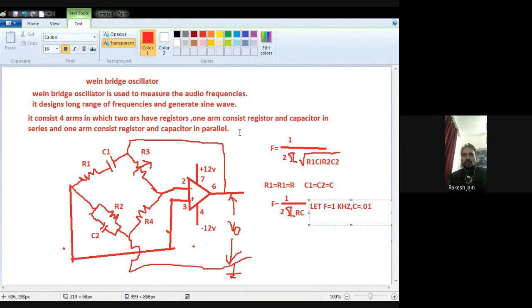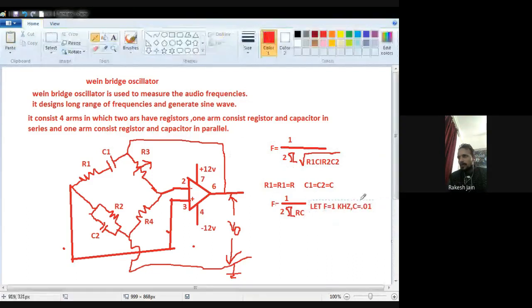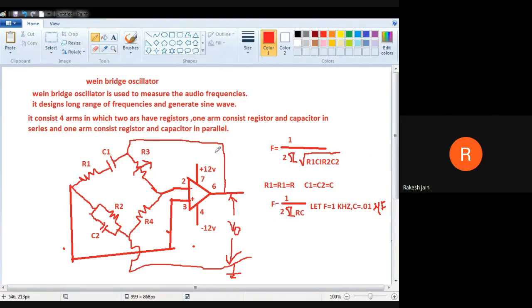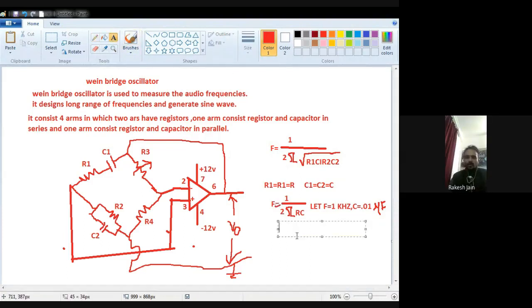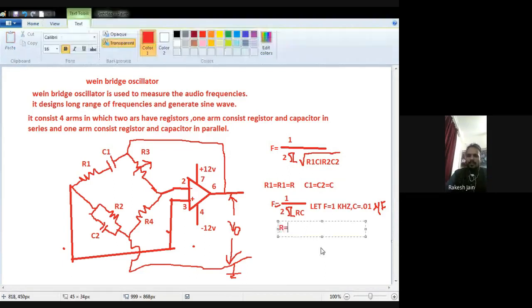You can also write the symbol of micro as mu F. Then when we calculate this for 0.01 microfarad and f equal to 1 kilohertz, we will find R approximately equal to 15 kilo ohm, that is 15 point something. So let this R value be 15k.